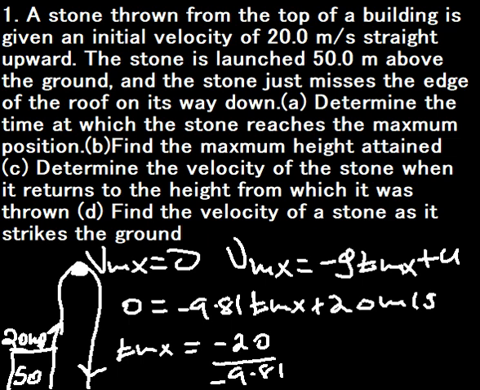So what is that time? We'll have 20 divided by 9.81, which is approximately 2 seconds. So that is giving us 2 seconds. That's the time in which the object has to move from the top of the building to the maximum point. That is 2 seconds.